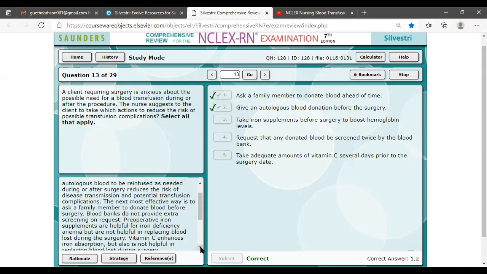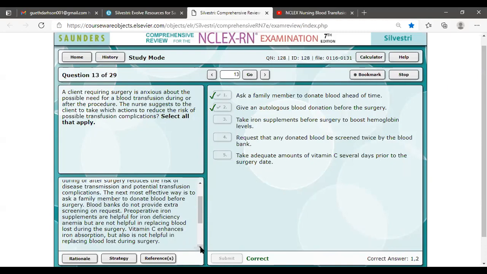Also, pre-operative iron supplements are helpful for iron deficiency anemia, but not helpful in replacing blood lost during the surgical operation. Vitamin C enhances iron absorption, but also is not helpful in replacing blood loss during surgical operation.